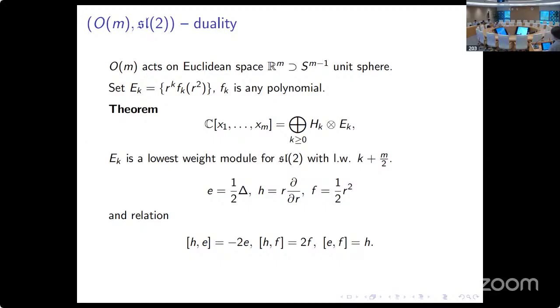The harmonic H_k would be an irreducible representation of O(m), and E_k would be the SL2 representation with lowest weight. This is infinite dimensional. The lowest weight is k plus m over 2. So this is not exactly an SL2 group representation. It's the two-fold cover representation, the Lie algebra representation.